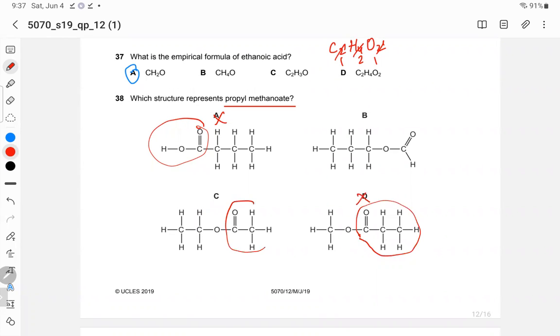And here it is an ethanoate. See, here we have 1 carbon with the C double bond O, only 1 carbon, and this is a propyl. So B is the correct answer. अगर इसमें किसी को कोई confusion है तो please पूछ लें. जी clear है सबको? Shafi? Yes, sir.